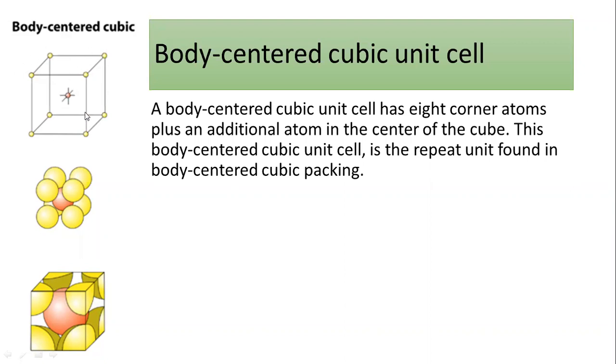Again, there are eight corners because it is a cubic unit cell, so there should be eight corners plus an additional atom in the center of the cube. That's why this is called the body centered cubic unit cell. It is due to the eight corners and one atom, a sphere, at the center of the cube. This is at the center of the body, and that body is the cubic unit. That's why this is called the body centered cubic unit cell.